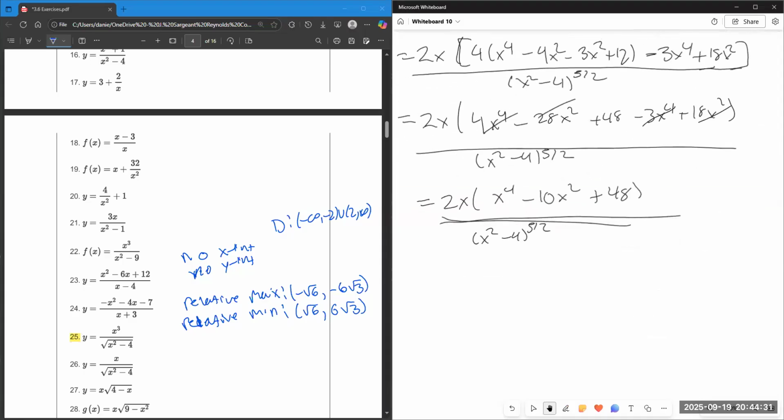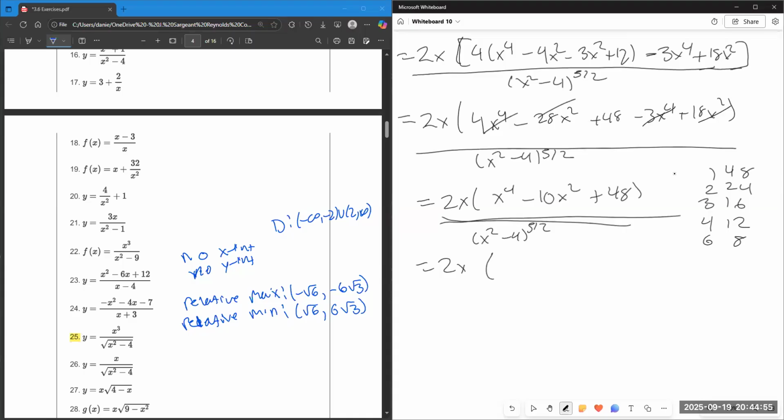So this is 2x times, and then are there factors of 48 that add up to be 10? 1 and 48, 2 and 24, 3 and 16, 4 and 12, 6 and 8, and it goes to 8 and 6.